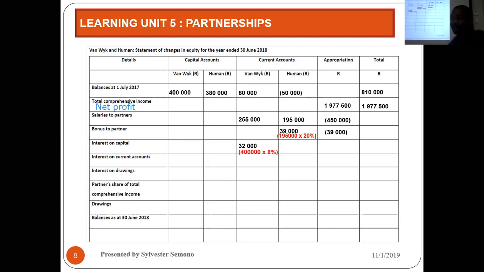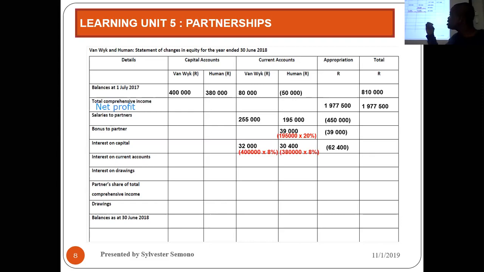Don't we have interest on capital under the Funway current account? Don't we have it under appropriation? Yes. So I'm also going to do it for the other one, but I must take it from what? Appropriation. Remember, check your appropriation account. We still do the same thing, but on a statement.